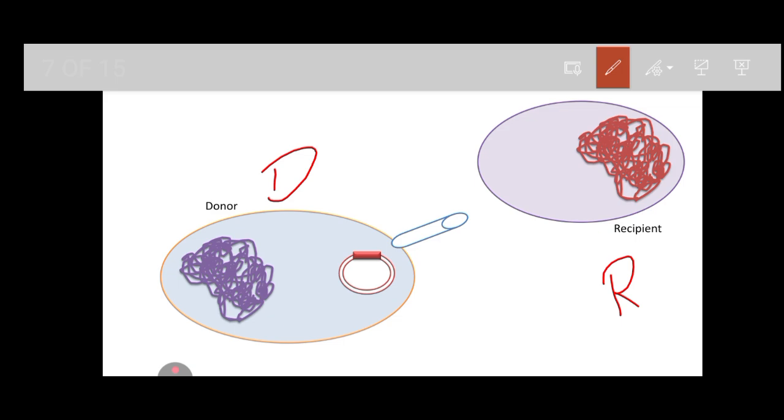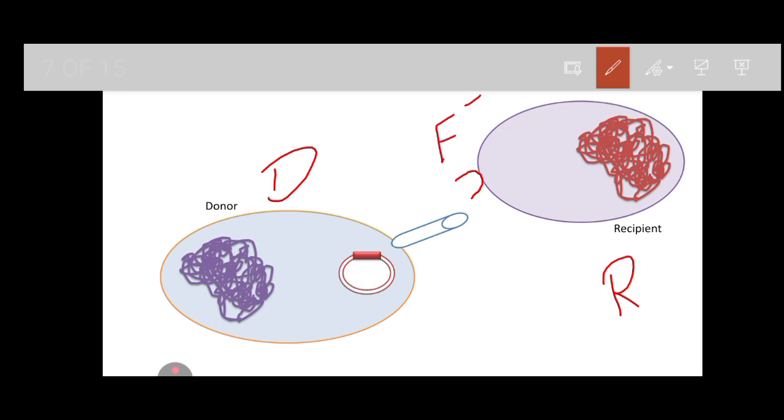The recipient cell has a protein molecule on its surface, right? Remember, this receptor protein will be recognized by the pili, and this receptor protein is present only on the surface of the F minus cell.